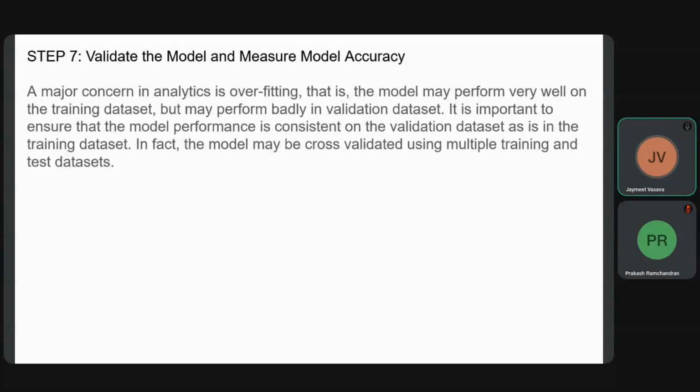Seventh is to validate the model and measure the model accuracy. As we have already discussed, a major concern in analytics is overfitting. The model may perform well on a training dataset, but may perform badly on a validation dataset. It is important to ensure that the model performance is consistent on the validation dataset as well as the training dataset.